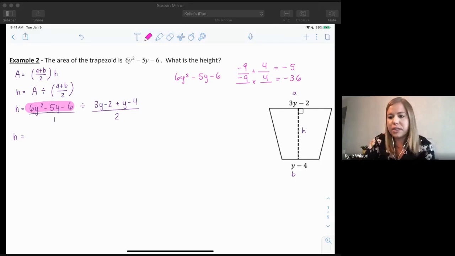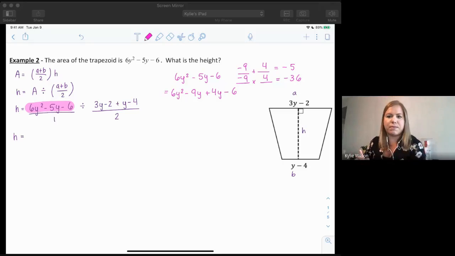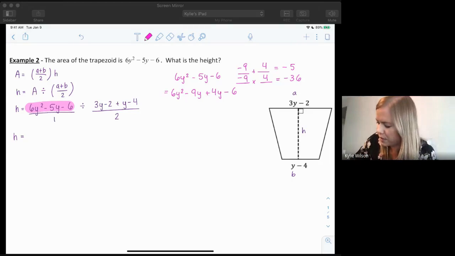Because those two numbers add to negative 5, instead of writing negative 5y, I'm going to put minus 9y plus 4y minus 6. And now I'm just going to factor by grouping.